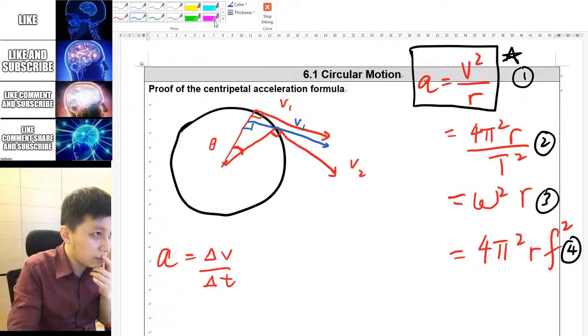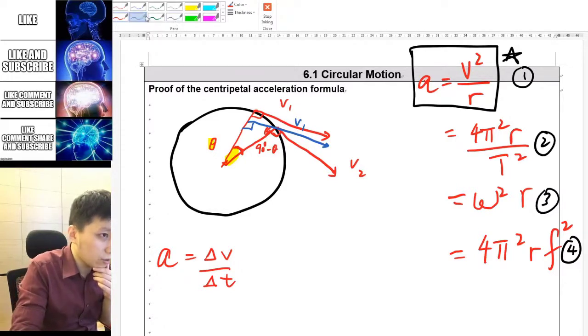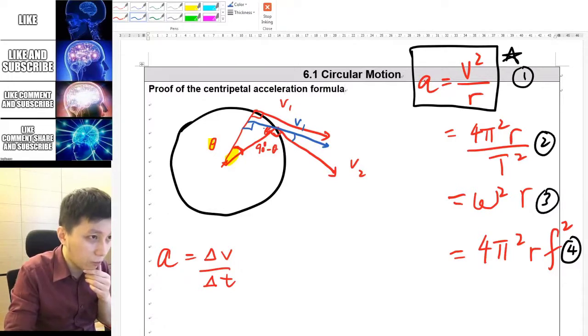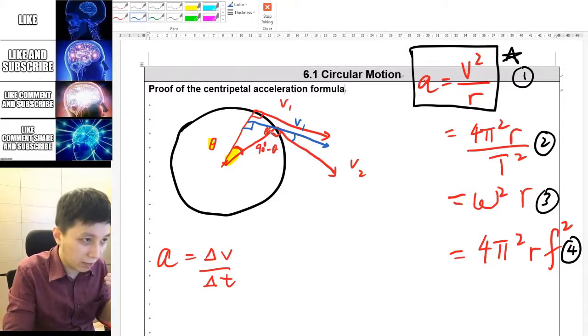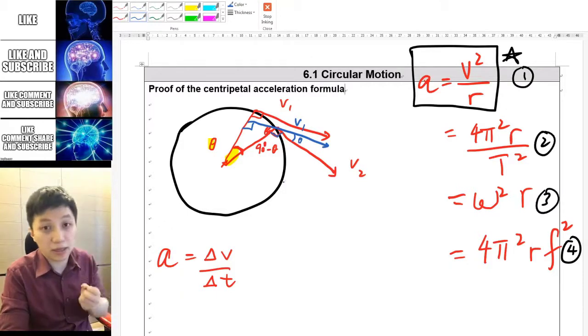If this is theta with this angle, then obviously this one is 90 degrees, and so this one is 90 degrees minus theta for this angle. Because this blue line is a straight line, and you have 90 degrees here and 90 minus theta, this one will actually be theta.